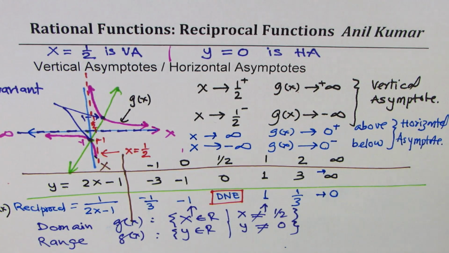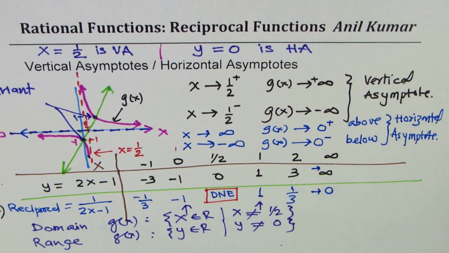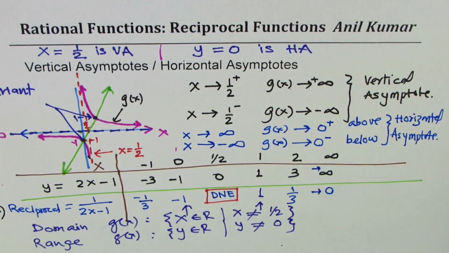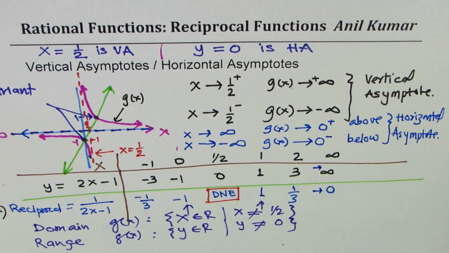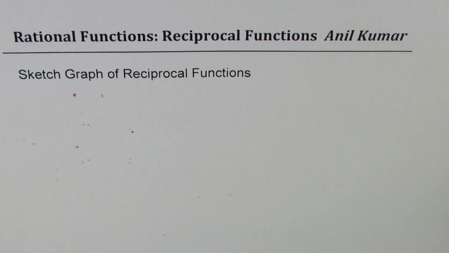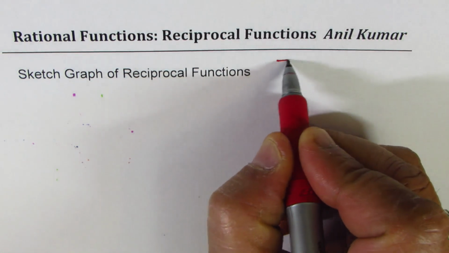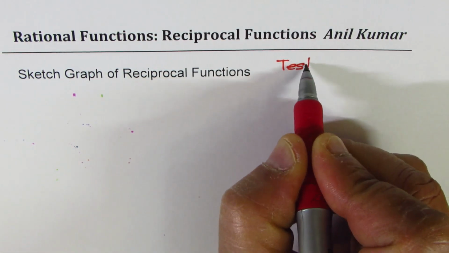Now with that knowledge, let's move on and understand how to sketch graphs for reciprocal functions. We'll take all possible examples which you're going to consider in this advanced functions curriculum. Now we are going to sketch graph of reciprocal functions. Your test actually starts from now, so treat this as a part of test, right?